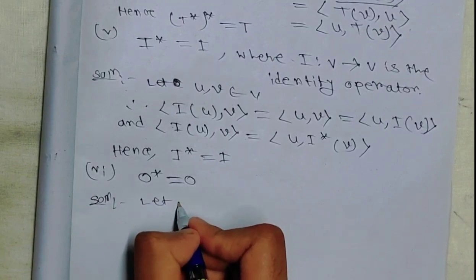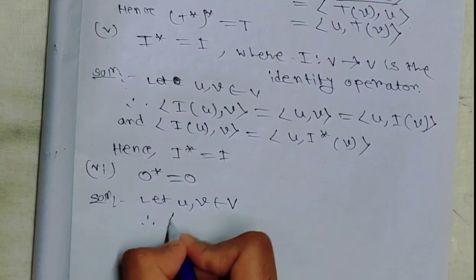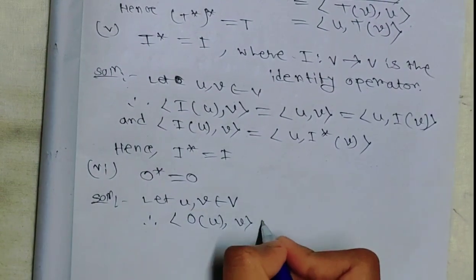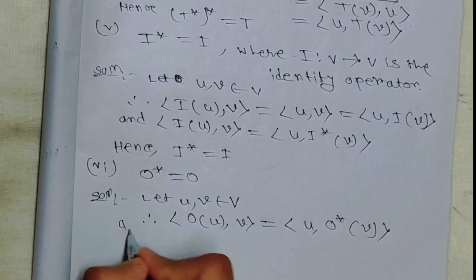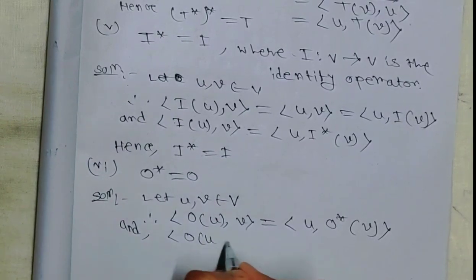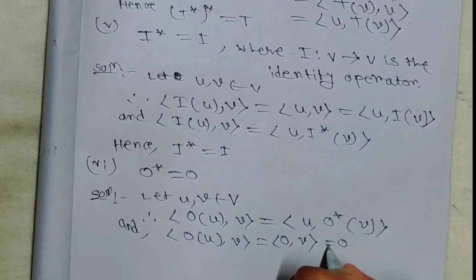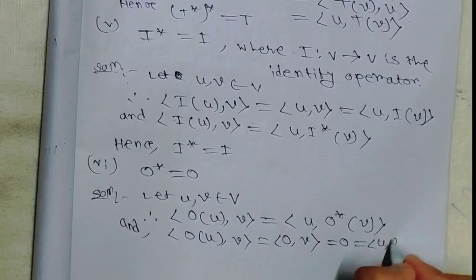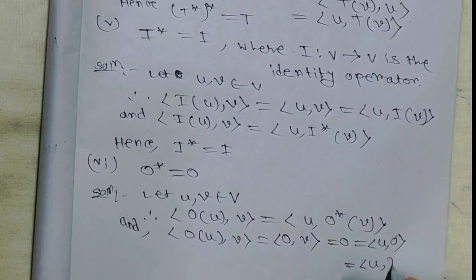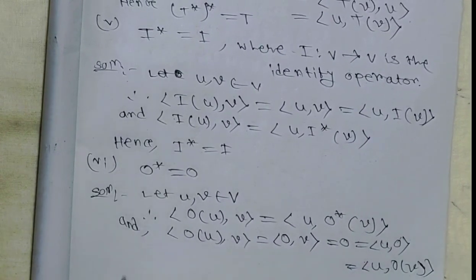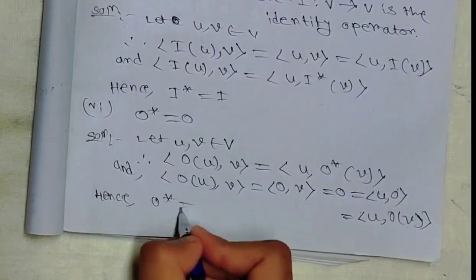Let u and v belongs to V, therefore inner product of 0 of u comma v equals u comma 0 star v, and inner product of 0 of u comma v equals 0 comma v, which equals 0, that is equals inner product of u comma 0, which equals inner product of u comma 0 of v. Hence we show that 0 star equals 0.